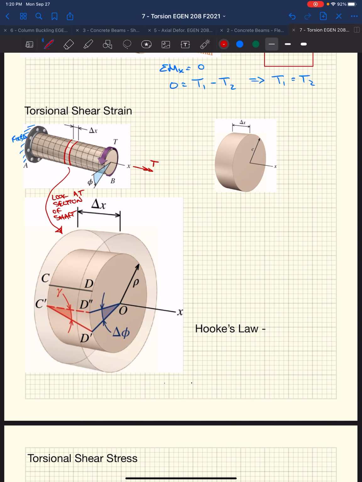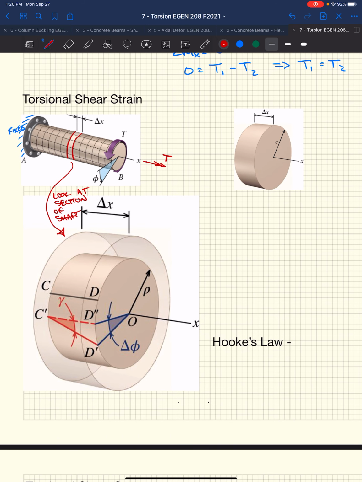Well, if we looked at that small portion, okay, and we looked at our little square, without the applied torque, right, these angles would be 90 degrees to one another, right?